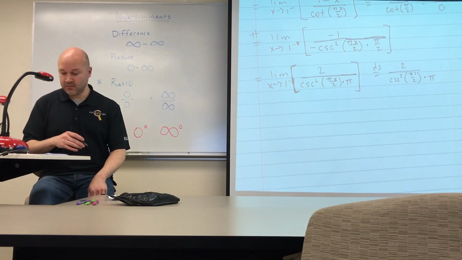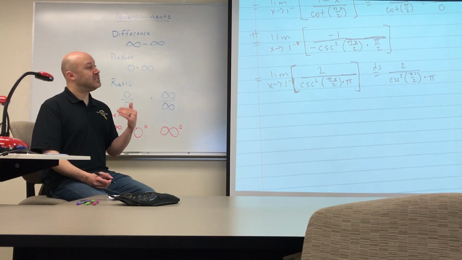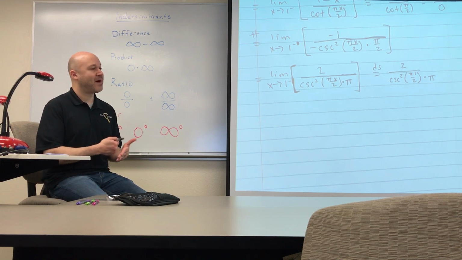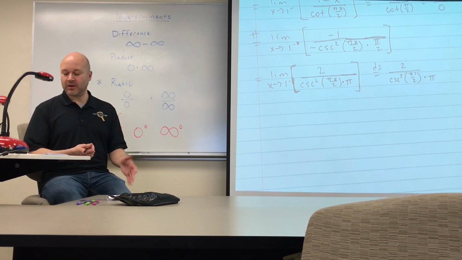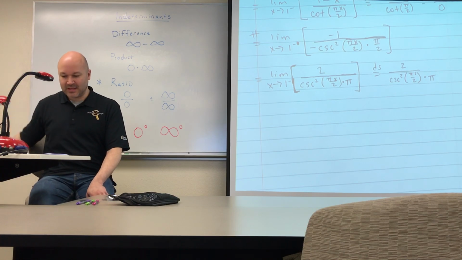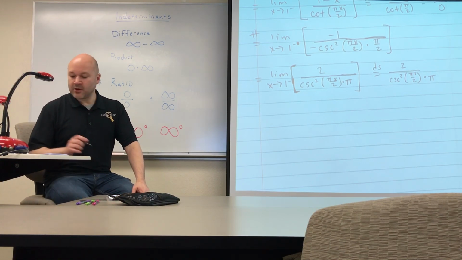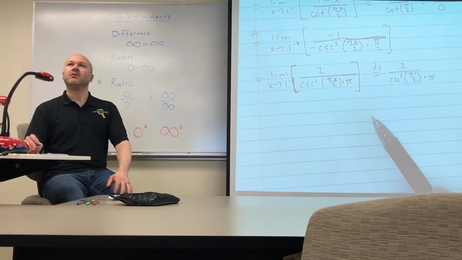Plugging in 1, I just have in the denominator cosecant squared of pi halves times 1, then times pi. So I just need cosecant squared of pi halves.